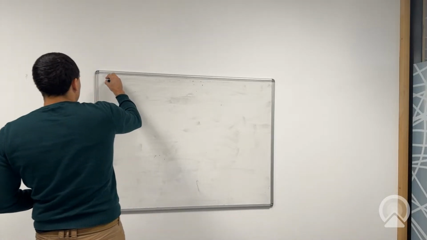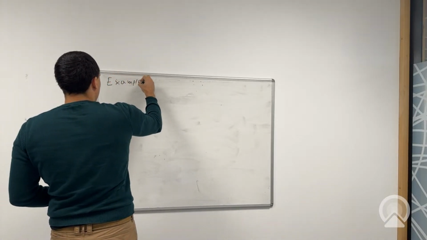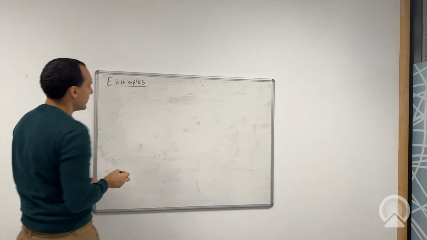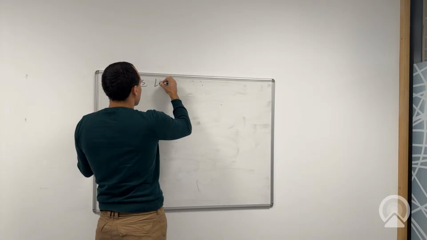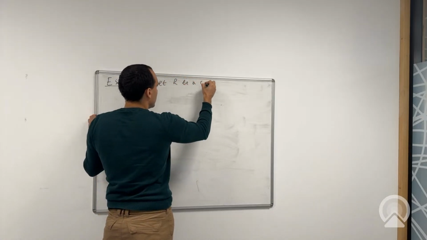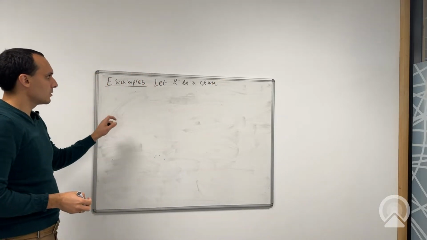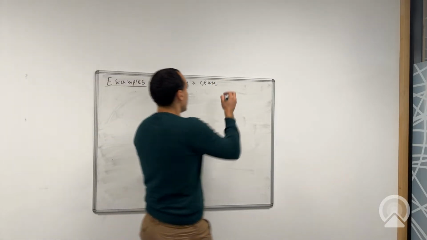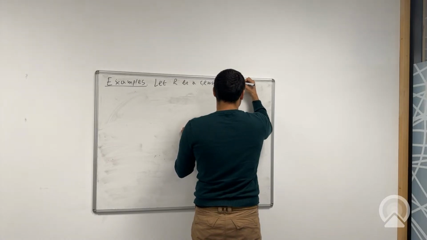So let me give some examples. We will fix some commutative ring R. So let R be a commutative ring with unity, and take some integers, some natural numbers.